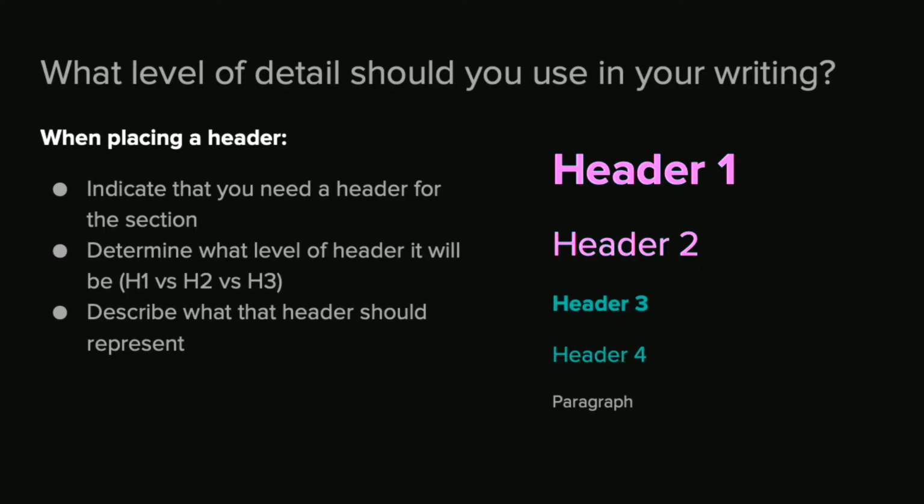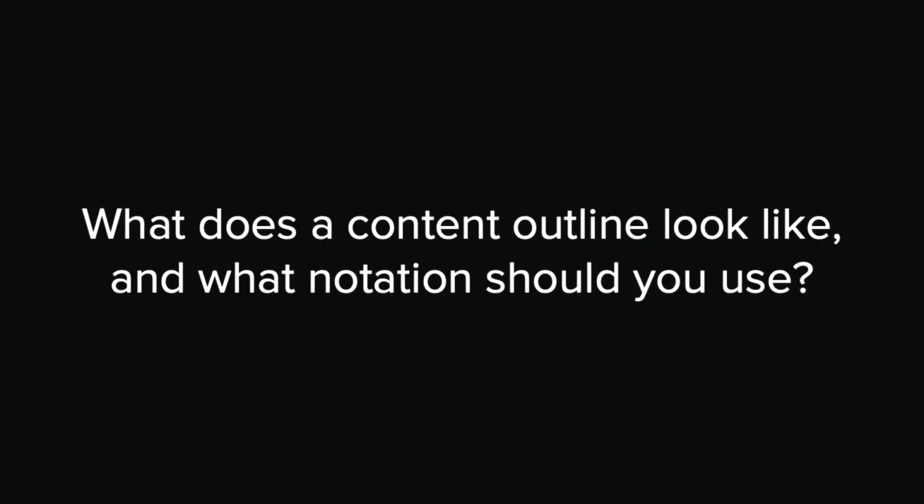For example, when putting in a header, it's more important to indicate that you need the header and to also indicate things like what level of header it is. Is it a title, an H1, an H2, or H3? And you can describe what that header should represent, but knowing that all of it's going to be rewritten later, especially for SEO and for readability.